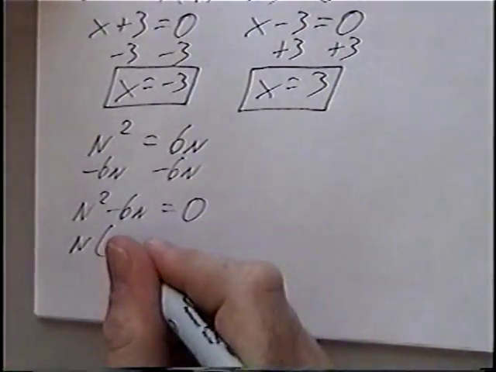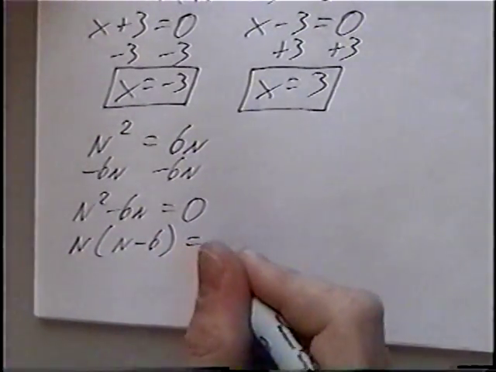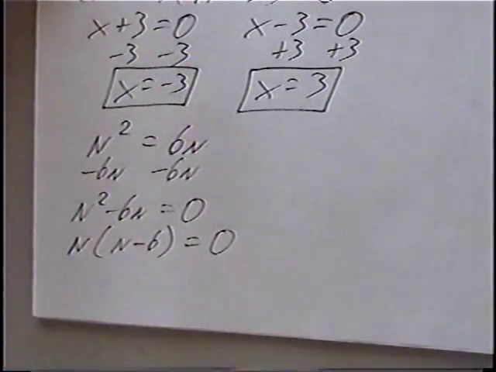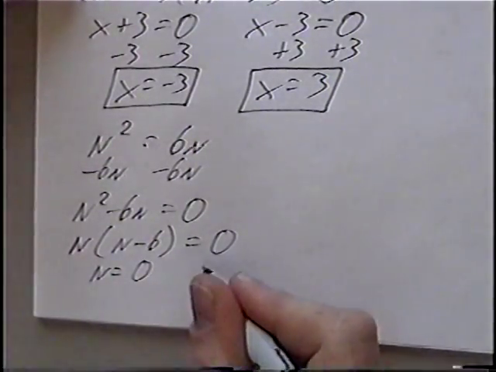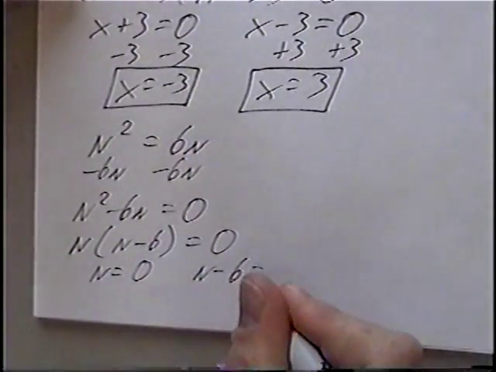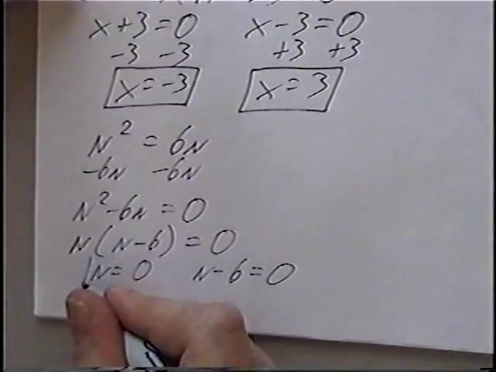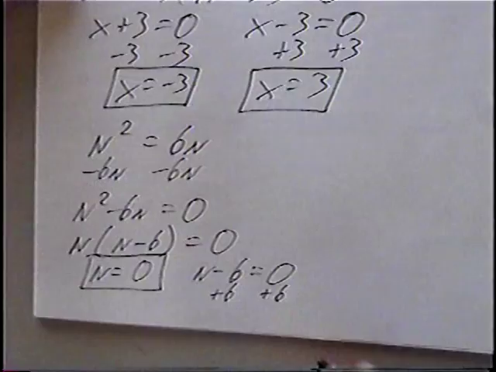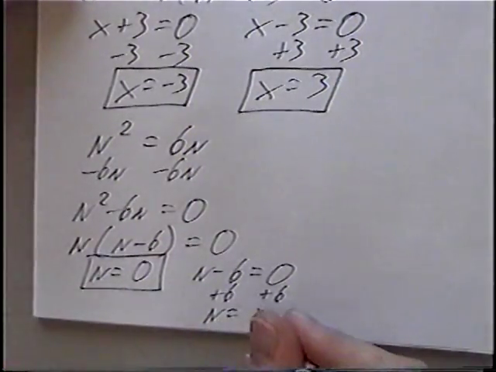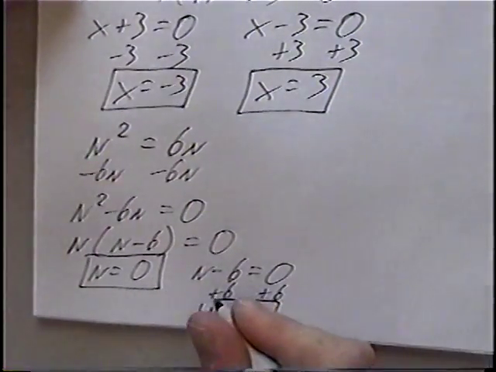Dividing by n, we'll be left with n minus 6. And again, set each of these equal to 0. We'll have n equals 0 and n minus 6 equals 0. First one solved already, and the second one we can add 6 to both sides, and we'll have n is equal to 6.